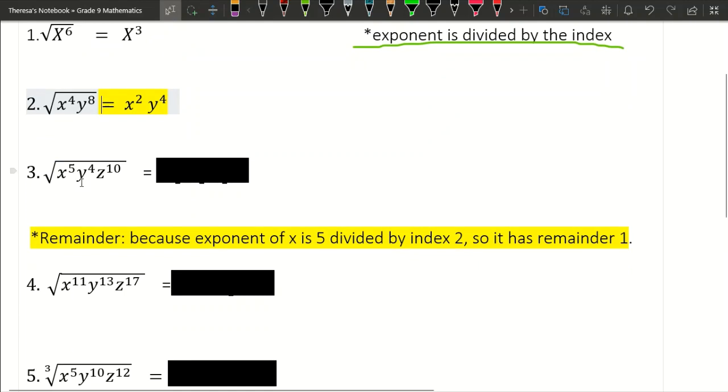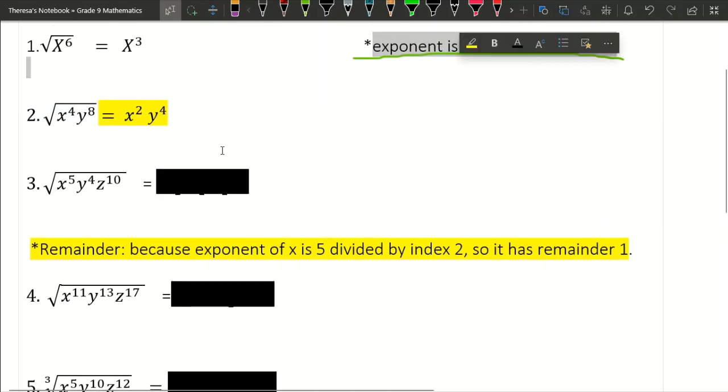Another, we have square root of x raised to the 5th power, y raised to the 4th power, and z raised to the 10th power. So, kaya nga sabi ko, the exponent natin is i-divide natin sa index. So, we have here 5, at ang ating index ay 2. So, 5 divided by 2, ibig sabihin, we have 2, pero meron tayong remainder. Alright?